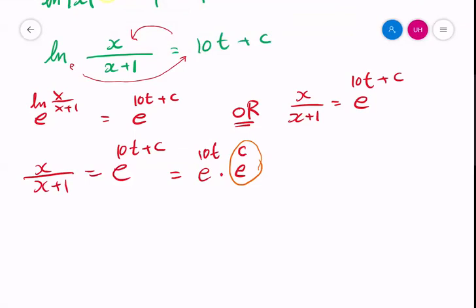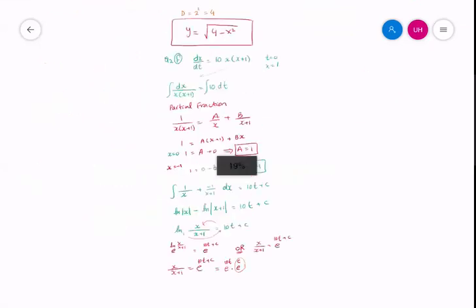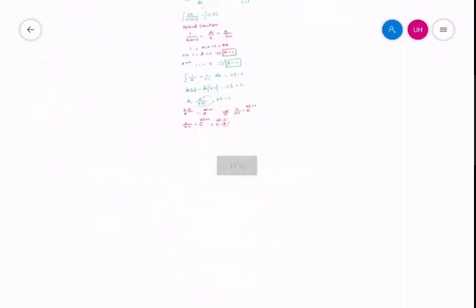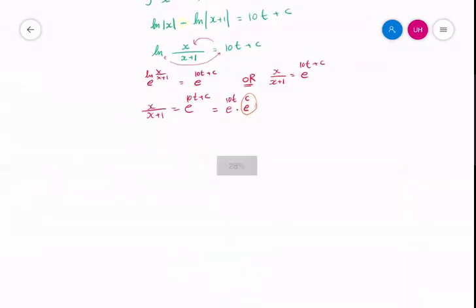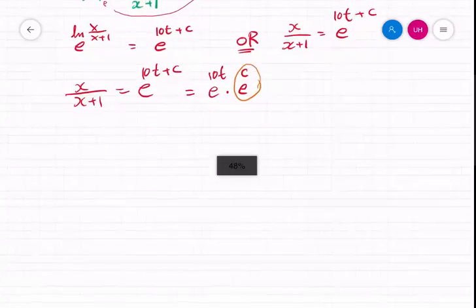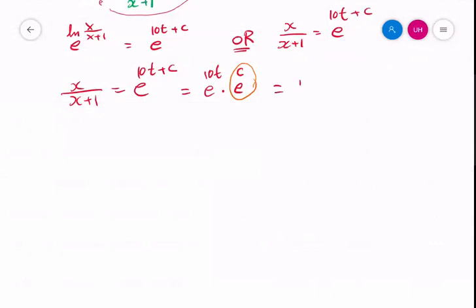So this is going to be d e to the power 10t.